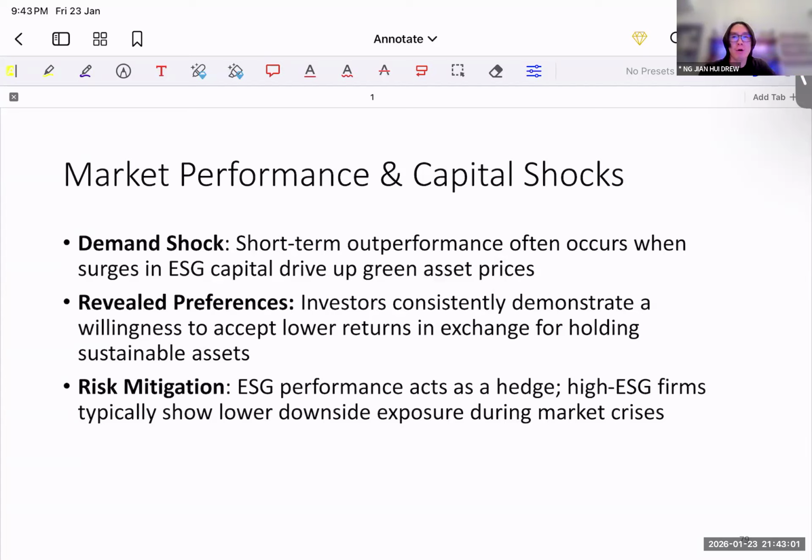Now, I'd like to go back to the point I mentioned about ESG as a defense. At this point, there's a comment on mitigation, right? What's interesting is there's a lot of research being done on ESG as an insurance policy.